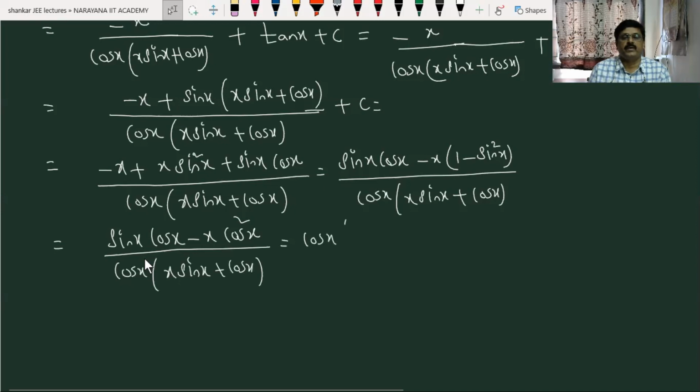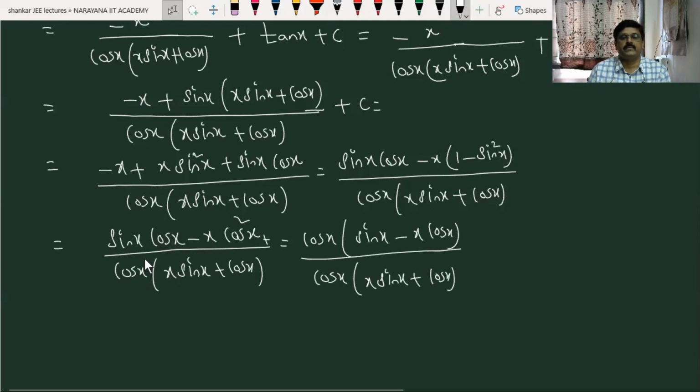Now, if you take cos x common, you will be left with sin x minus x cos x upon cos x of x sin x plus cos x plus c. So don't forget plus c, students.